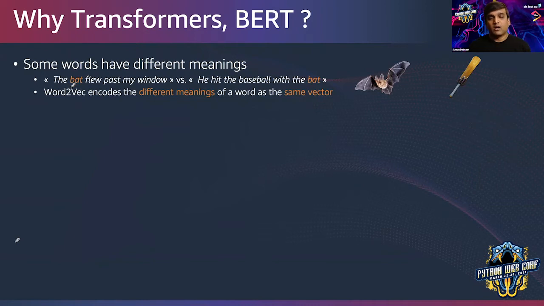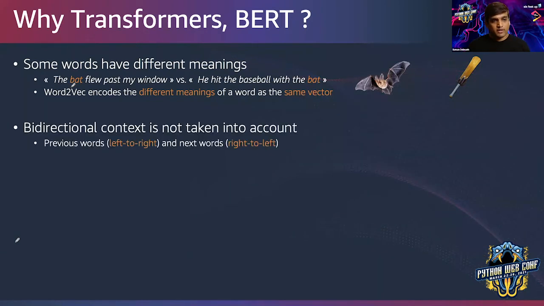Another thing we just discussed is bidirectional context, because most of the older architectures like RNN and LSTM process in one direction, and that doesn't always help, right? Because a lot of the time the context comes up only when you hear the whole sentence. Let me give you an example.